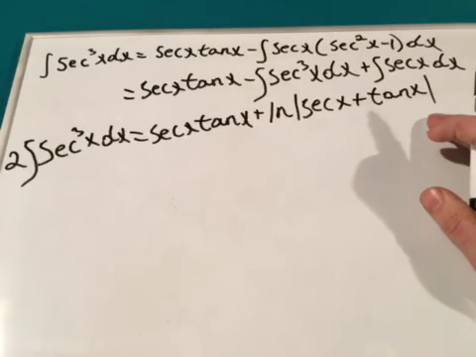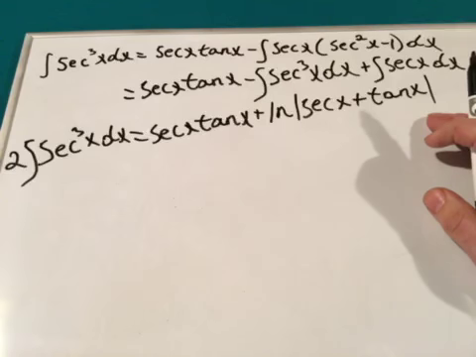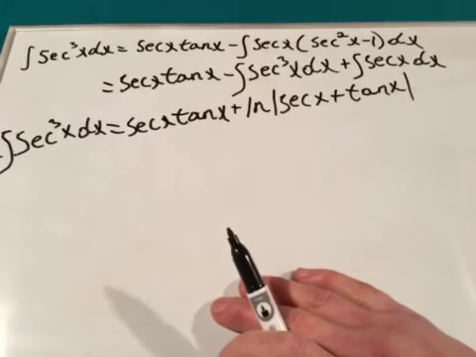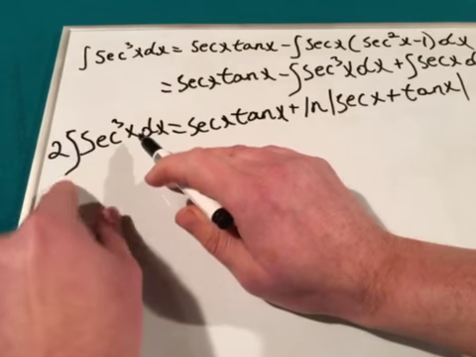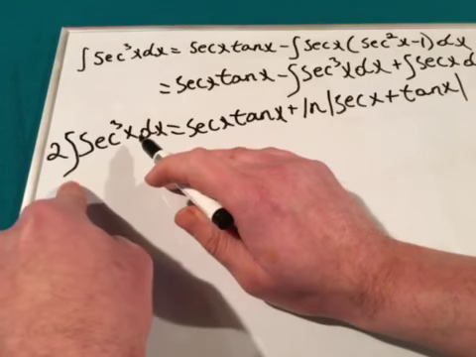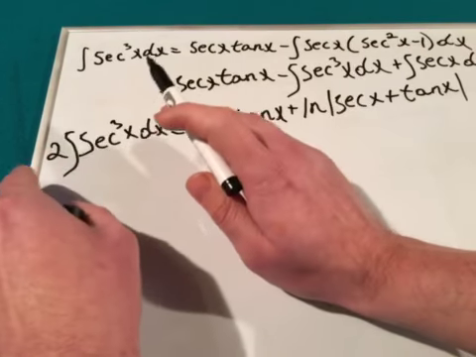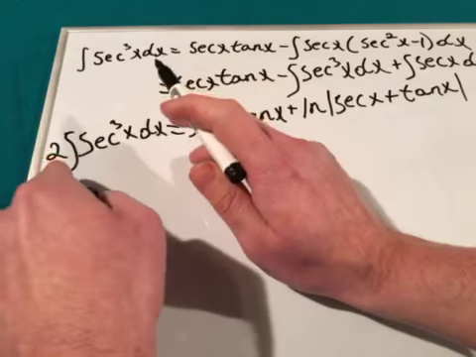And now we're trying to solve for the integral of secant cubed, right? Well, here we have 2 times the integral of secant cubed. If we divide by 2, or multiply by 1/2, what's going to happen?